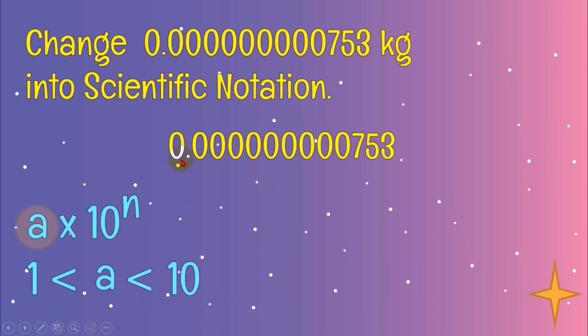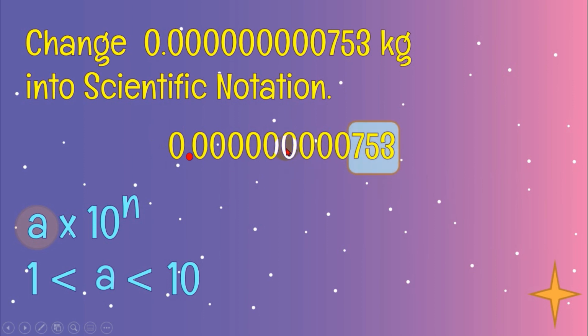So, step number 1, again, determine the decimal point. There's your decimal point. And then step number 2, determine the significant figures. That's your significant figure. When we determine the significant figures, again, for the fourth time, you just disregard the zeros. Okay, so your significant figure is 753.